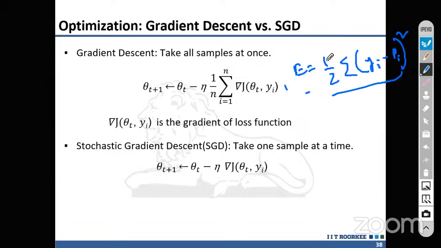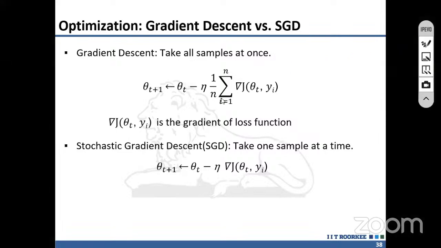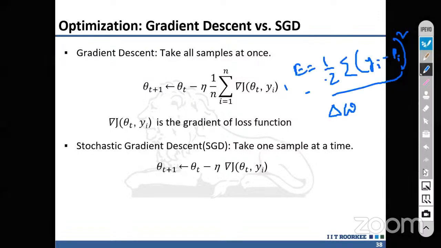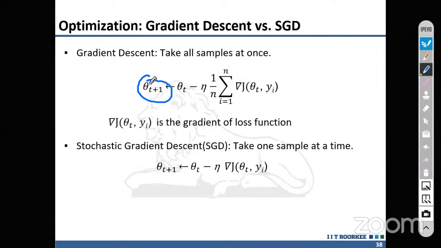From this error we were calculating delta W. You remember all those W's we adjusted in the last few slides, like WIK and WJI. Those are the thetas, or W's.